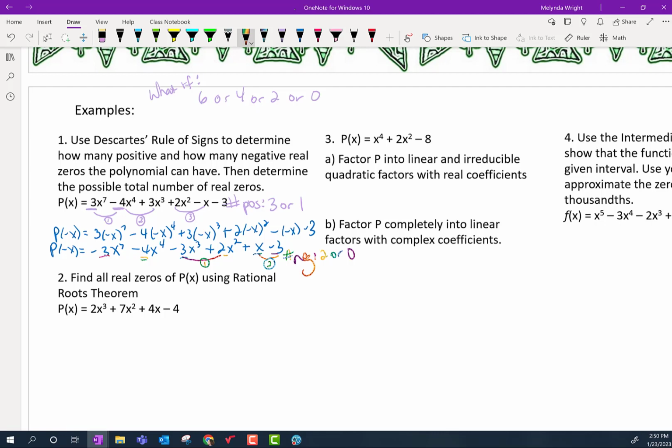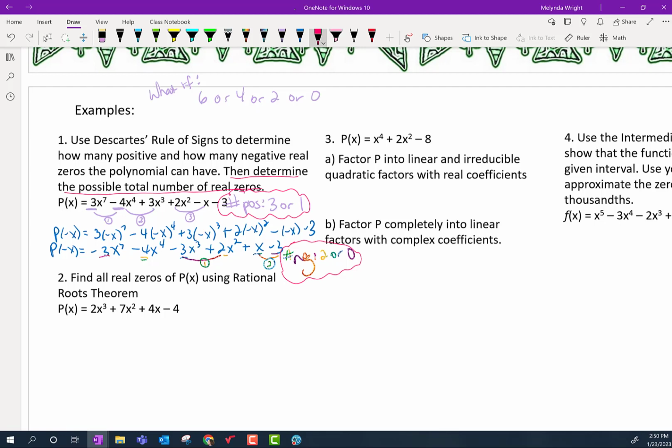Now it says then determine possible total number of real zeros. Okay, so first of all, this is the only option for positive ones, and this is the only option for negative ones. That's it. There's nothing else. So I have to combine the positive and negative to figure out how many total.